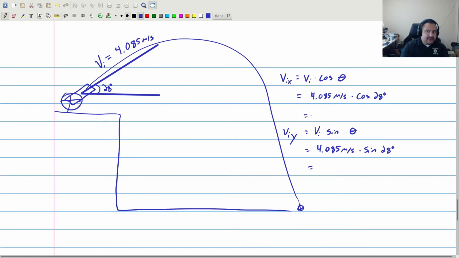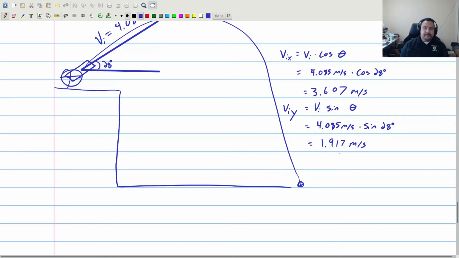All right, plugging these into the calculator, I get 3.607 meters per second for v initial x. And for v initial y, I get 1.917 meters per second. So now we can find the time to the top.